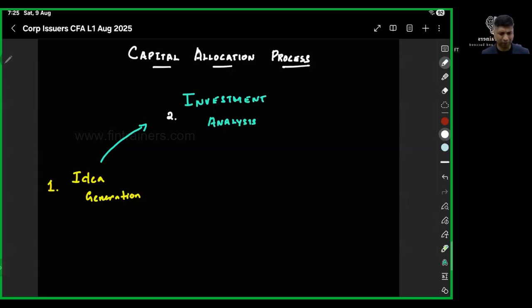We need to perform analysis of the ideas, the projects, along with the business owner. Again, a corporate finance team is going to perform it, and you're going to look at the return from the project. In our learning module 5 here in corporate issuers in level 1, we are primarily going to look at this analysis in terms of NPV, IRR, and the third metric called return on invested capital. So we will use these three metrics to perform investment analysis in this chapter.